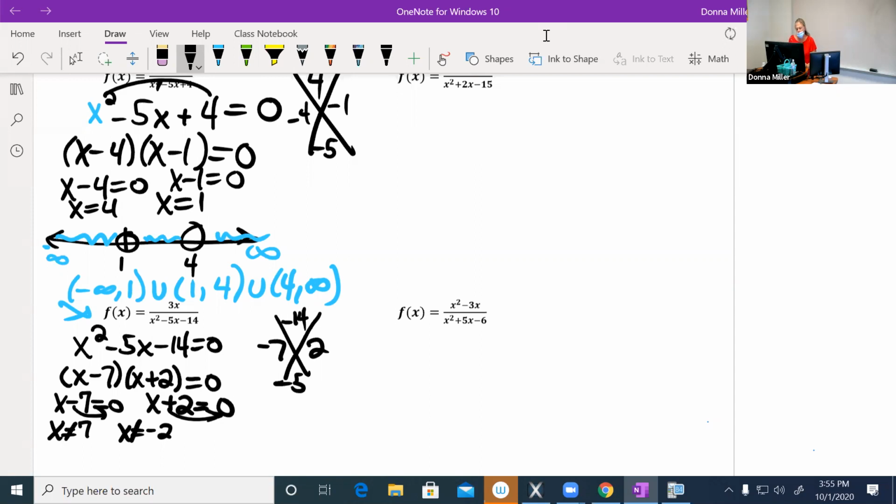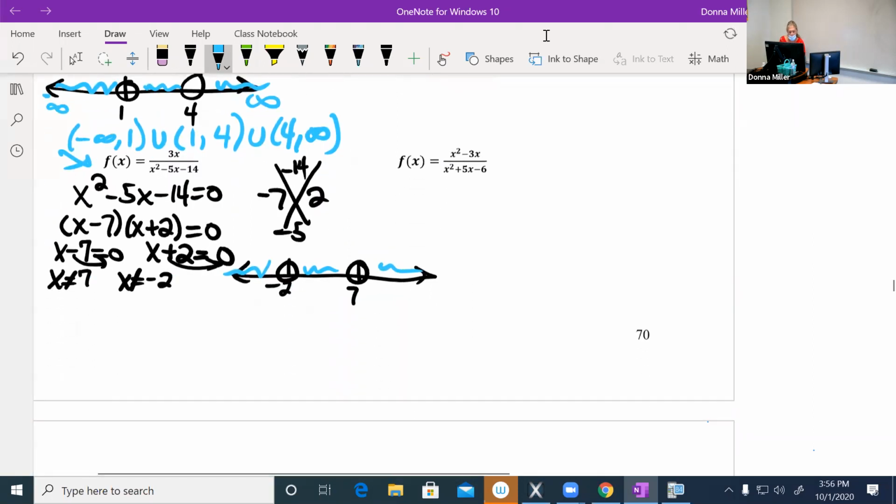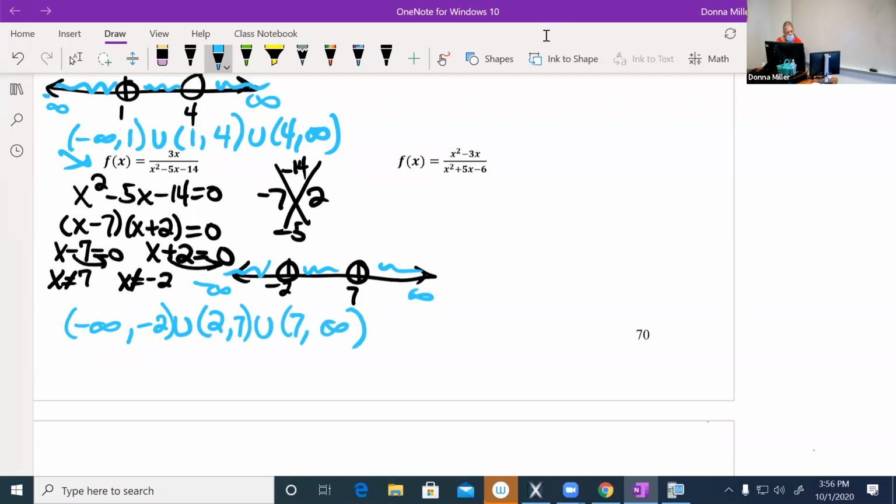All right. So to get the domain, I'm going to put those numbers on a number line. -2 comes first, an open circle, then 7. So I've got 3 intervals, right? The first interval is -infinity to -2, union, the second interval, -2 to 7, union, the third interval, 7 to infinity.